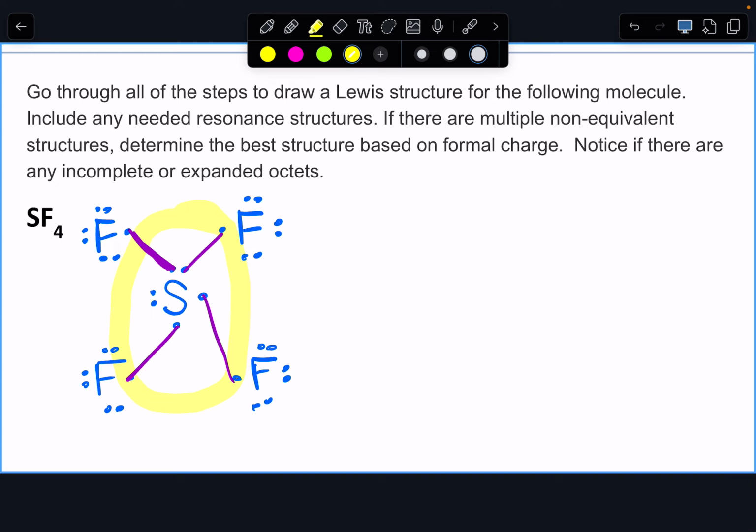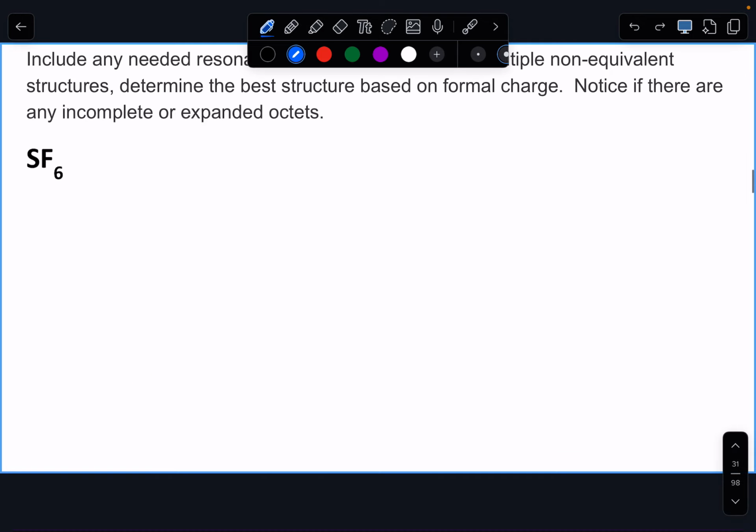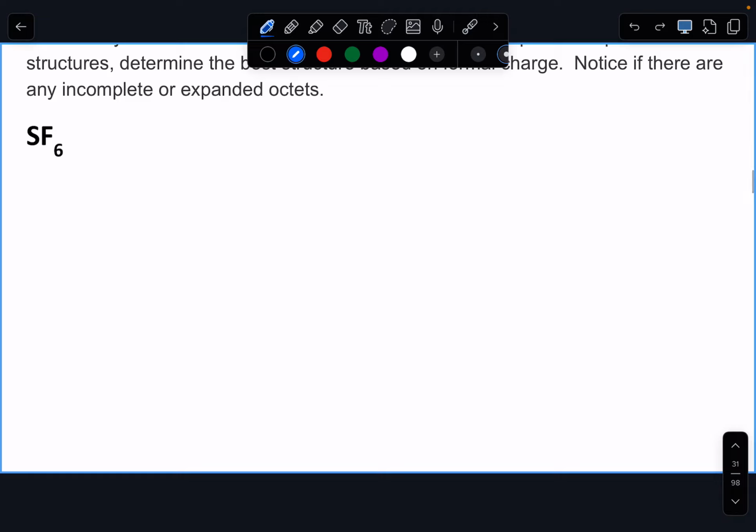Sulfur will sometimes just have those 8, but it has the capability to now. There is no OF4 molecule. This could not happen with oxygen. Okay, so go ahead and do this for SF6.